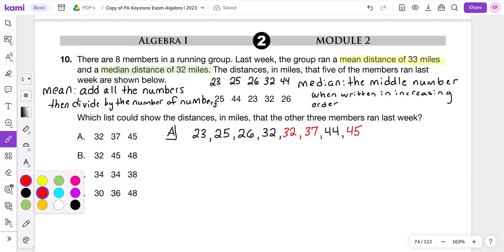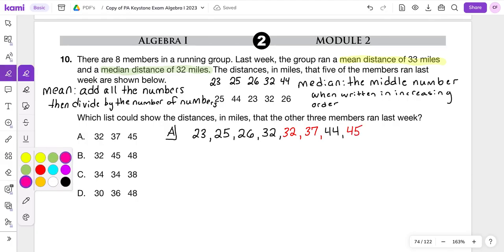Again, those red values came from the multiple choice options in Part A.